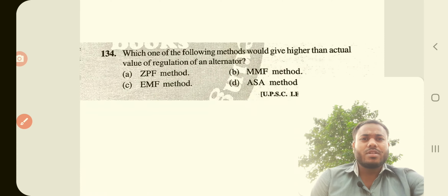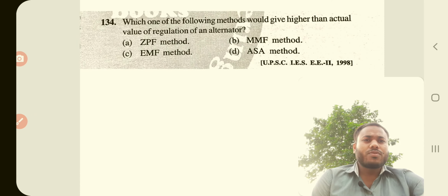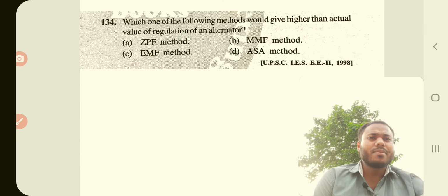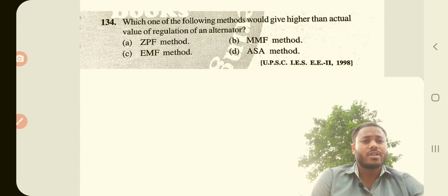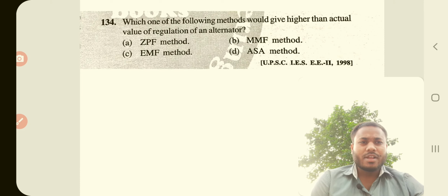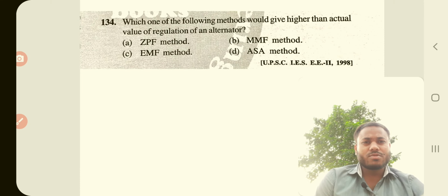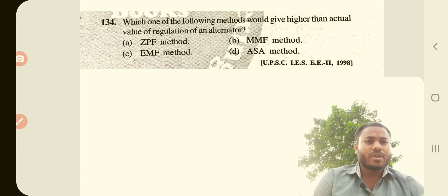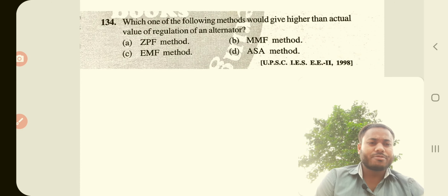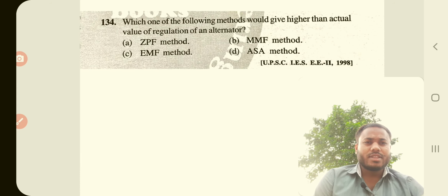And the next question is, which one of the following methods would give a higher than actual value of regulation of an alternator? So here four options are there. Before I solve these questions, I want to say there are 4 methods to find the regulation of an alternator, and regulation is one kind of measure of the alternator's efficiency: how efficiently it works is defined by the regulation or voltage regulation.